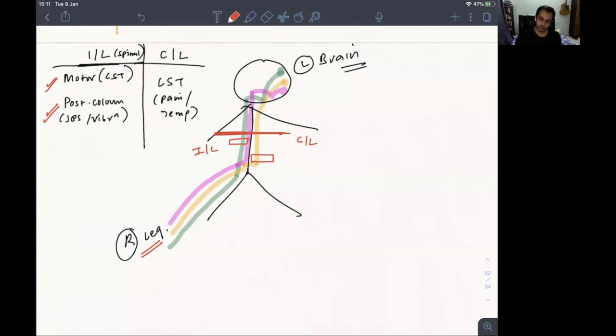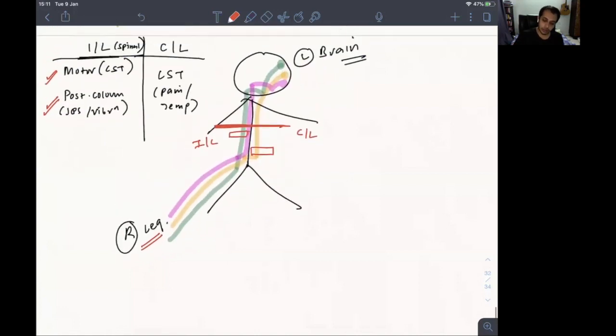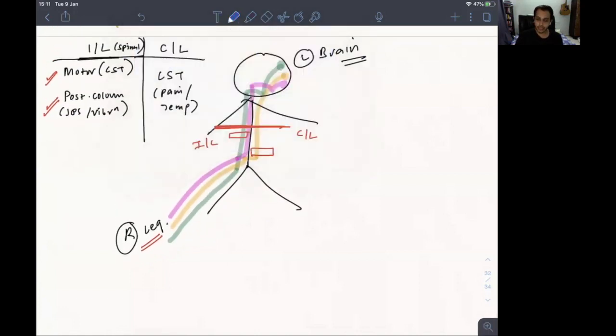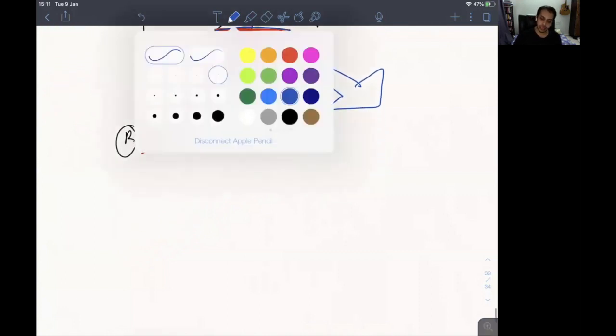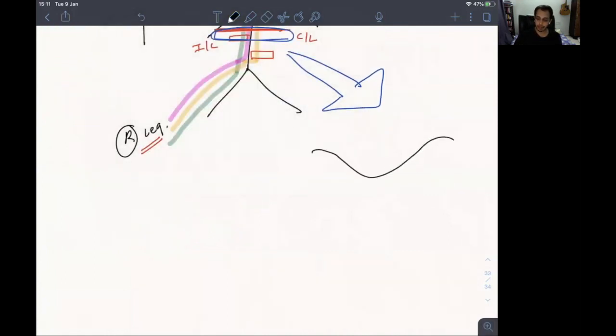Fine. So now we will take a hypothetical lesion at this level. So we will draw the spinal cord at this level and then see what happens if there are different types of lesion.